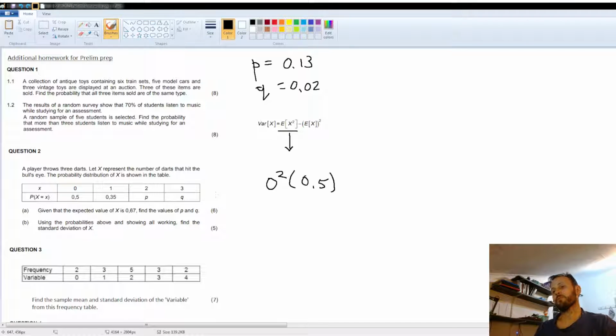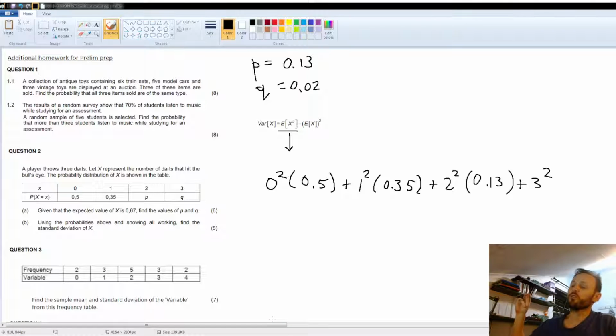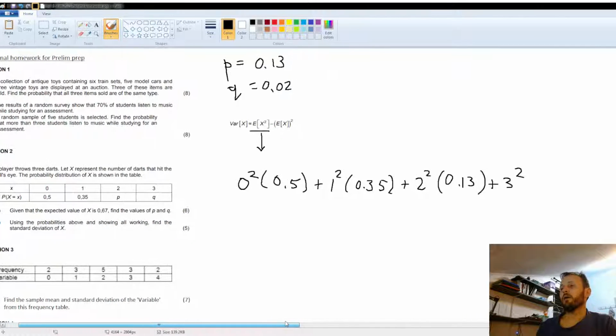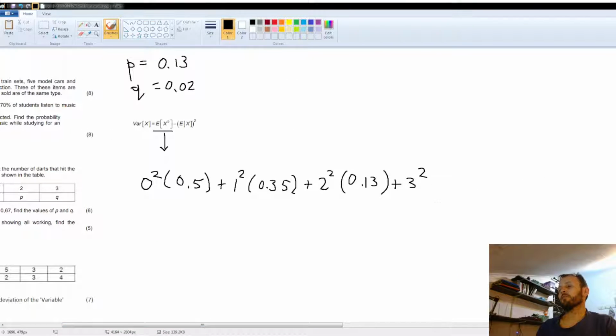You don't do that. Plus 1 squared, because that's the 1, times 0.35. Plus 2 squared, because that's the actual number, times p, which we know is 0.13. Plus 3, which is the x squared. You always square the actual value of the variable. You never square the value of the probability. Times q, which is 0.02. Okay, that's all of this done.